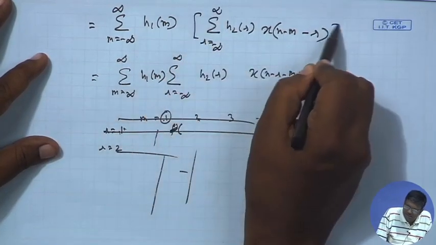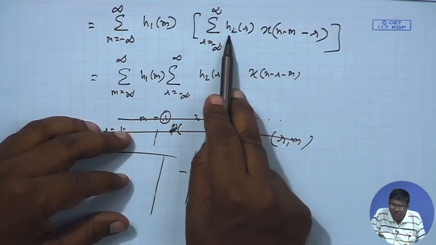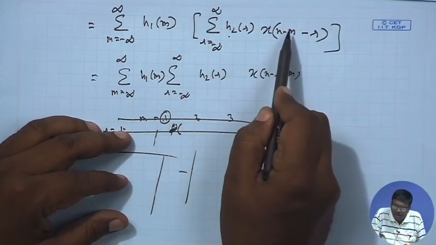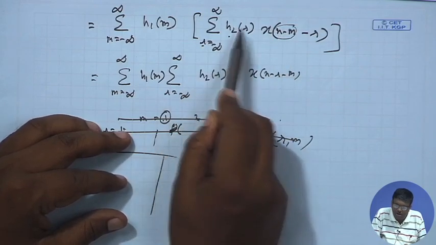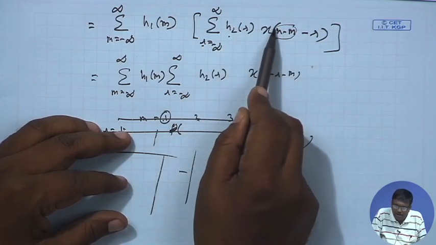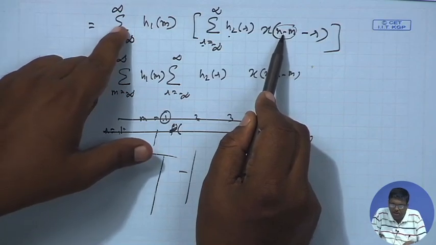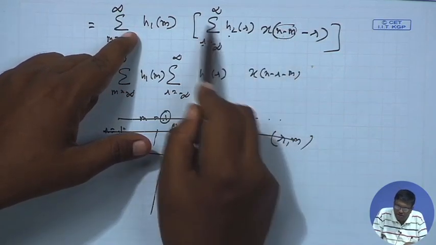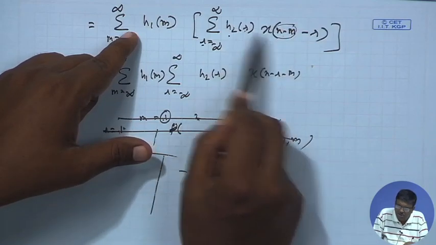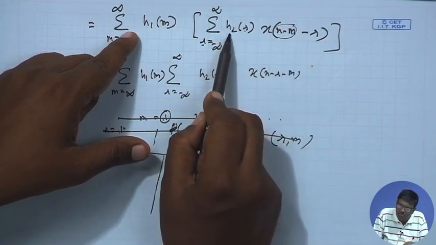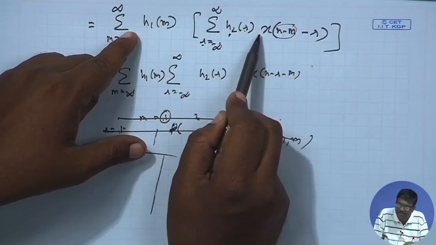But what is this? This is the convolution between h2 and x at n minus m. r is the local index, it is r here and minus r here. So, n minus m is fixed from outside every time; inside the summation m is fixed and n is already fixed. So, this is a fixed number, and r is only varying. So, the convolution between h2 and x.